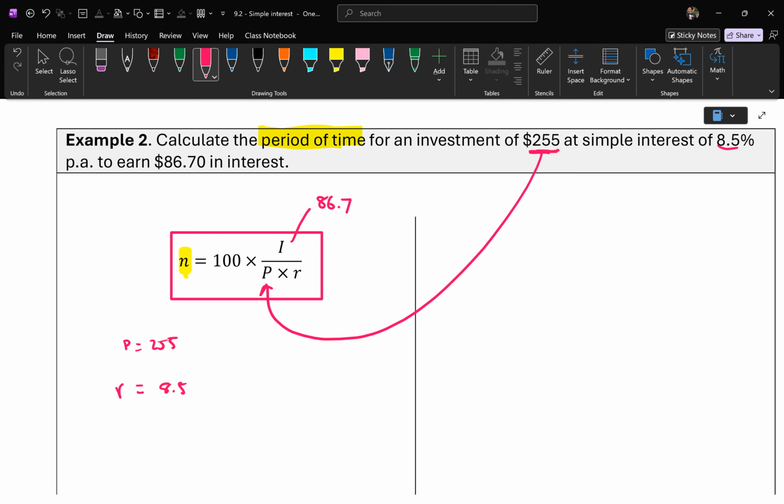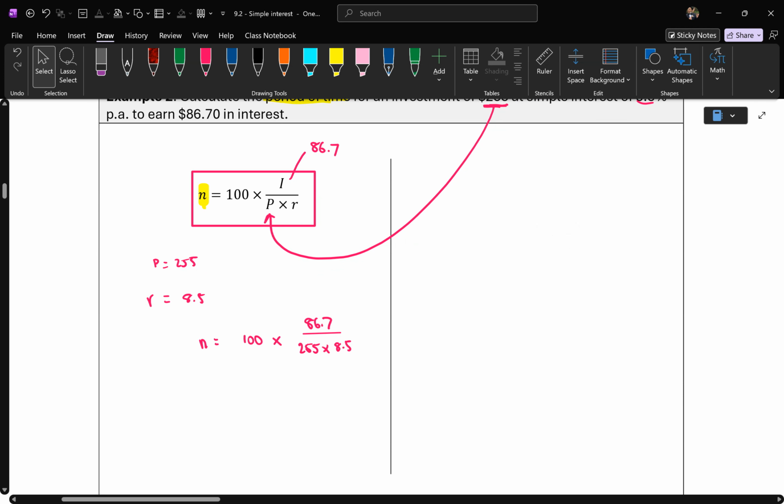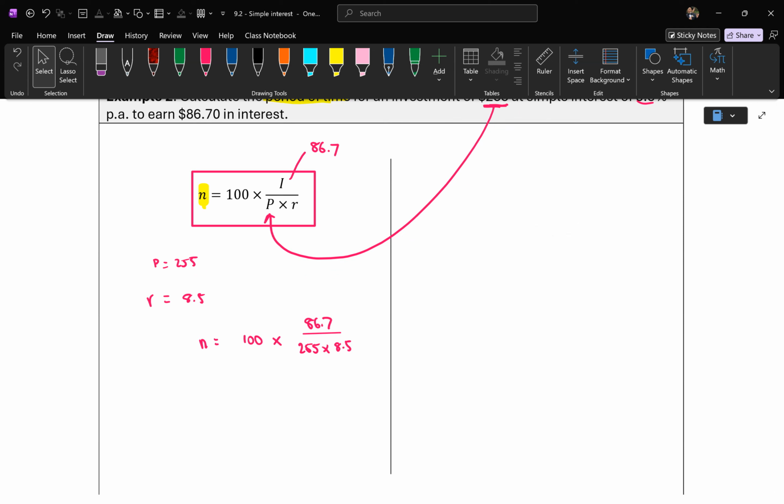So putting it all together, N will equal, on your calculator, 100 times 86.7 divided by 255 times 8.5. I gave you those three formulas, I'll go back to it so you can copy it down again.